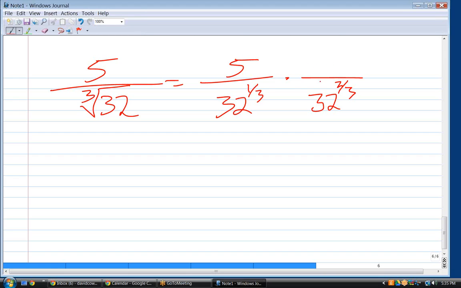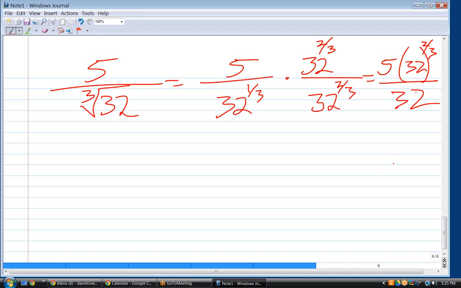Well, I multiply the bottom by 32 to the 2/3, I have to multiply the top by 32 to the 2/3. But I've accomplished my goal because now what I get is 5 times 32 to the 2/3 all over, well, the bottom becomes just 32.